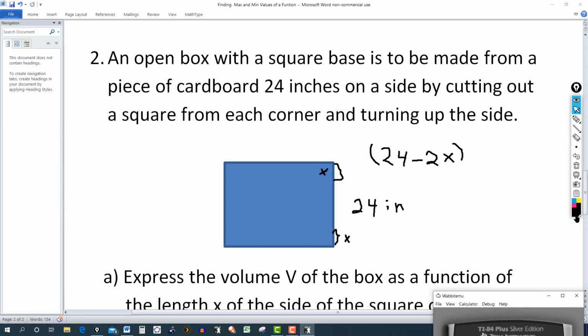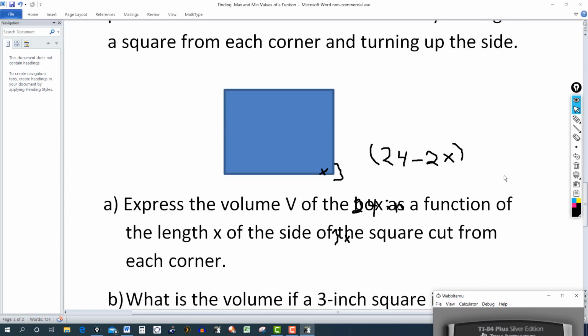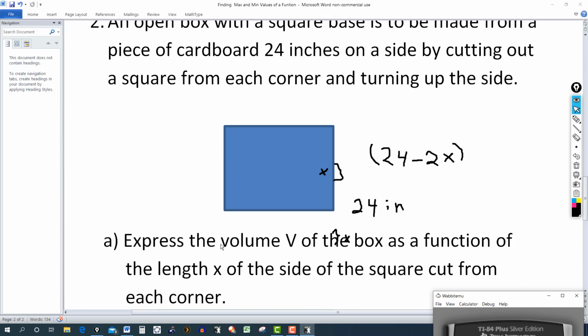So now, express the volume V of the box as a function of the length x of the side of the square cut from each corner. Okay, so what is the volume? Okay, volume, of course, would be length times the width times the height.